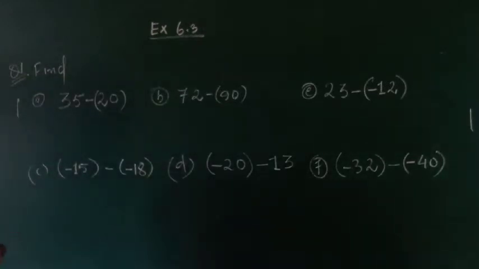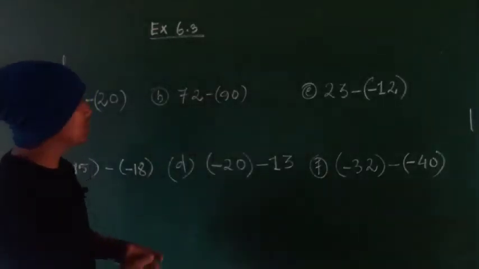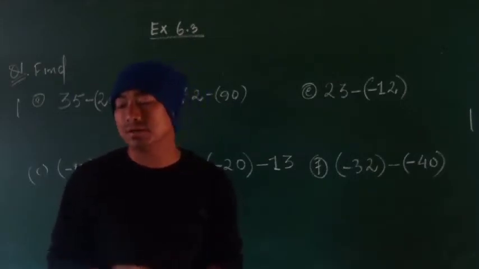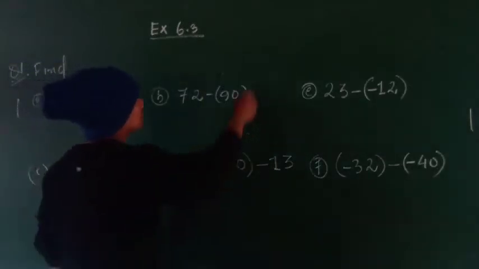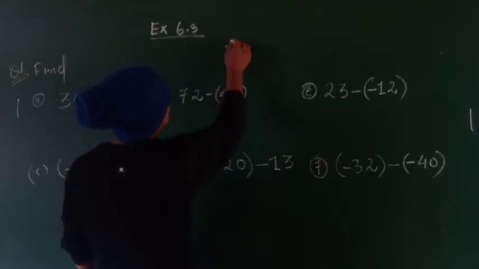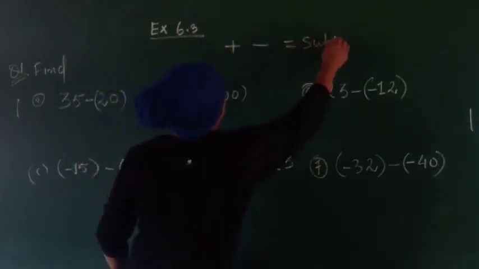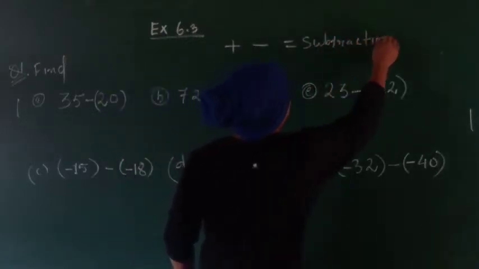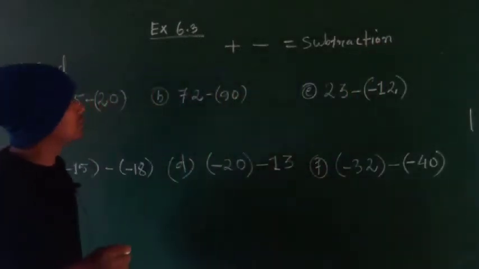In the previous class we discussed how integers are added with the help of number lines and how the signs are given. I would like to remind you again that when one integer is positive and one is negative, then we do subtraction. That means when the signs are unlike, not the same, the operation will be subtraction.